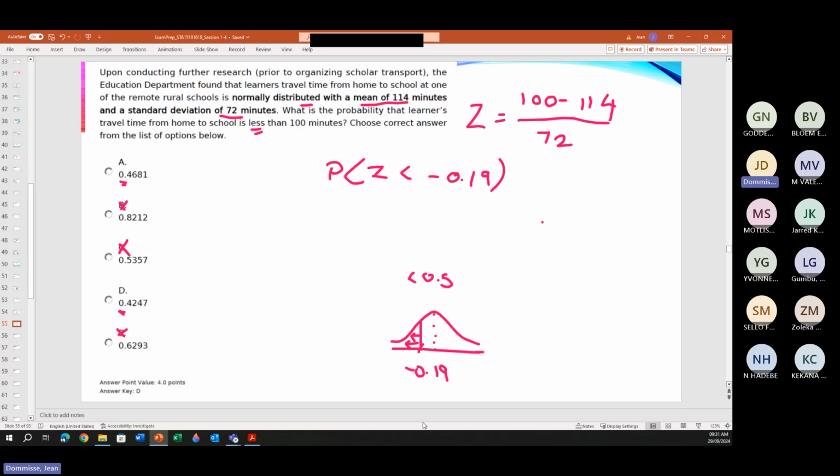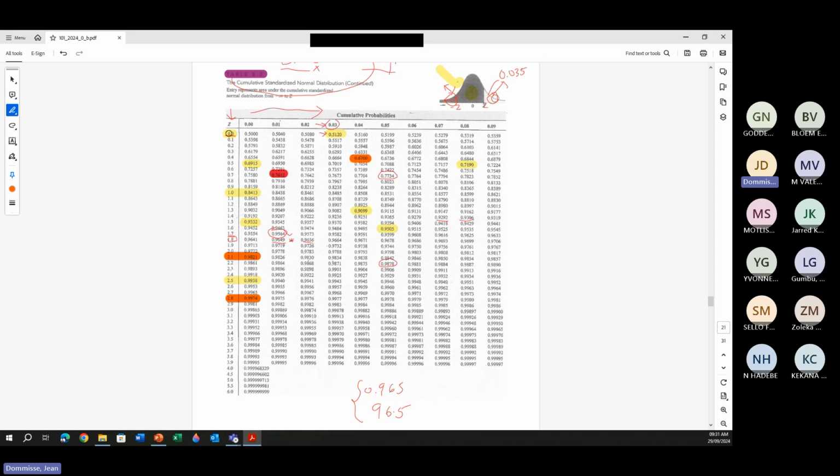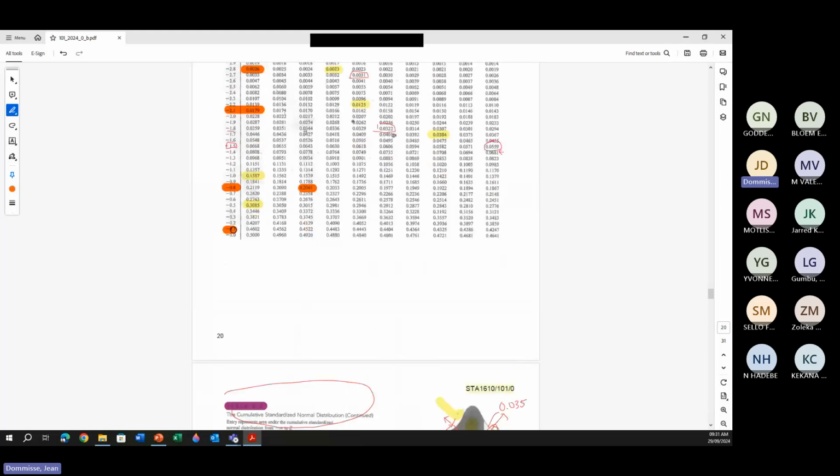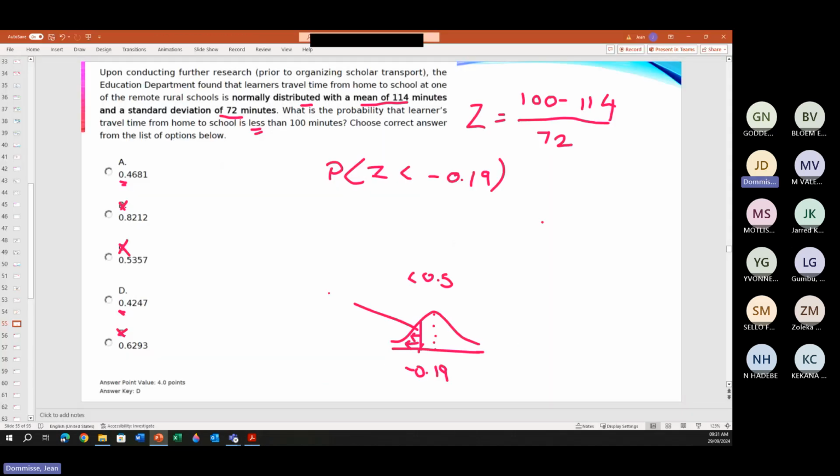Okay, so let's go to the negative table, 0.19, and hope that is 0.4247.